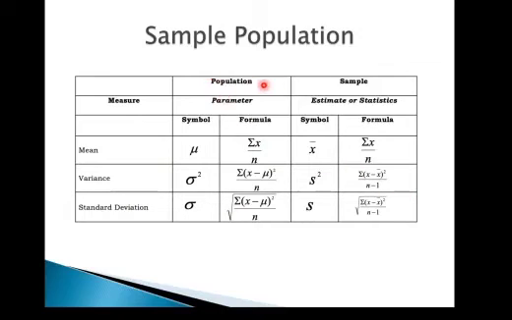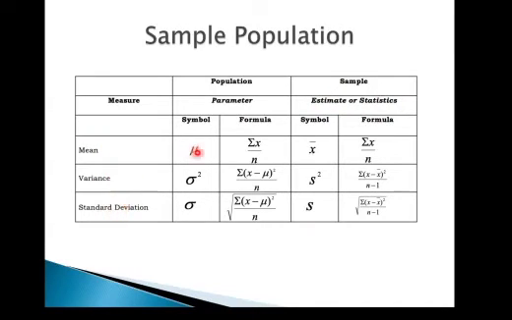This is the population, this is the sample. The values that we measure in the population are called parameters, and the values that we measure in the sample are called estimates or statistics. And these are the measures: the mean, the variance, and the standard deviation.